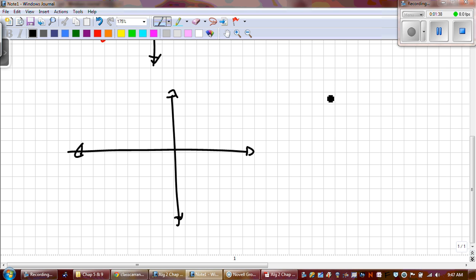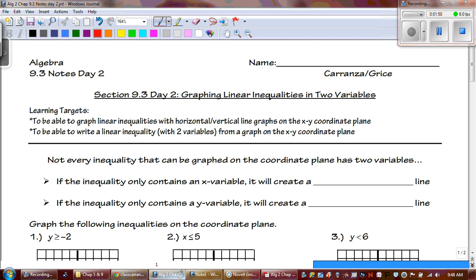The graphs that we're going to be working with today are only going to have one variable, where it's going to be x, an inequality and a number, and y, an inequality and a number. And when it looks like this, if the inequality only contains an x variable, so just the x, it will create a vertical line.